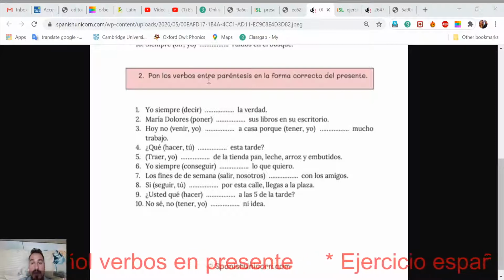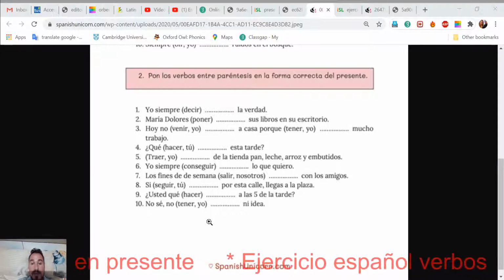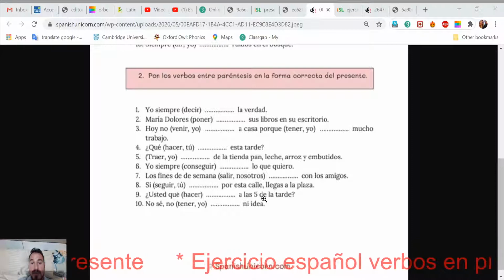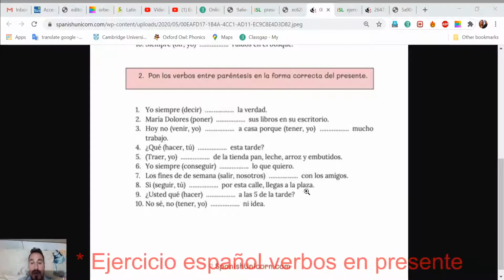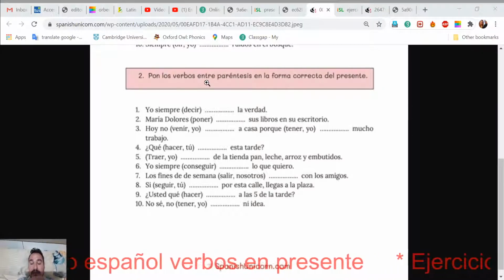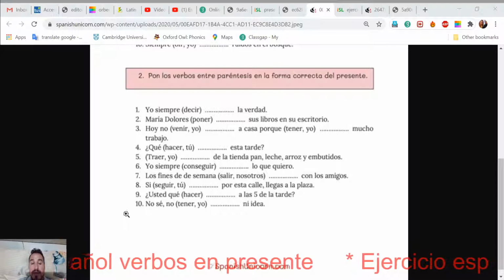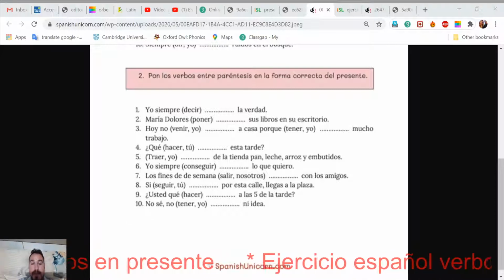8. Si sigues por esta calle, so if you go on this street, you arrive at a square. So plaza is a square. Not the shape, but the square in the street, of course. 9. ¿Usted qué hace a las 5?